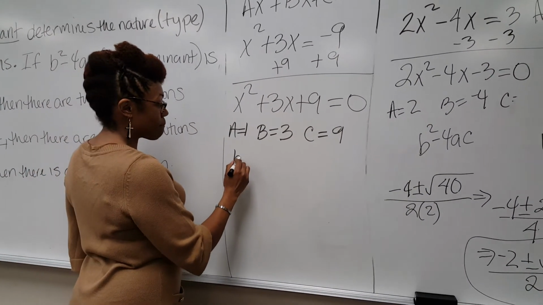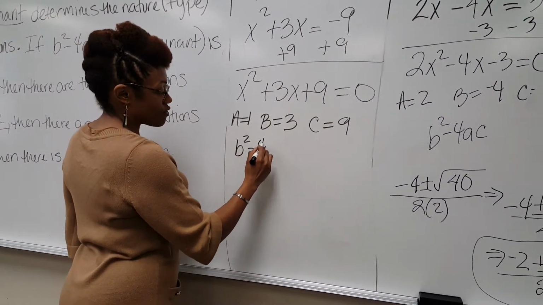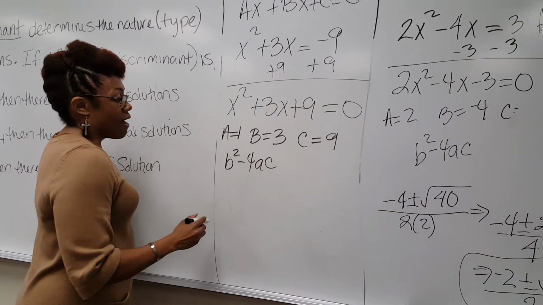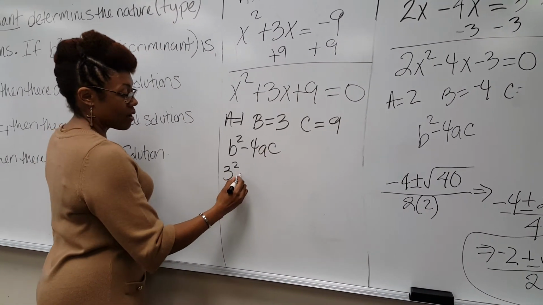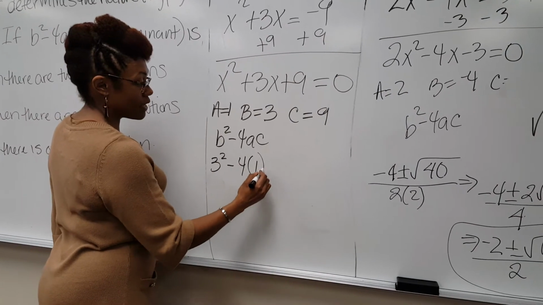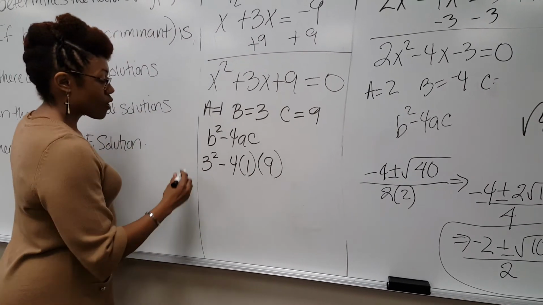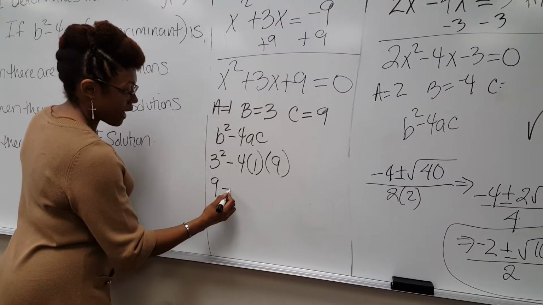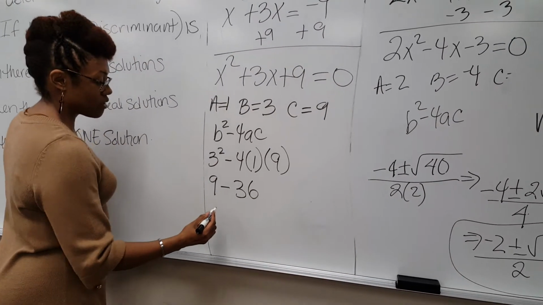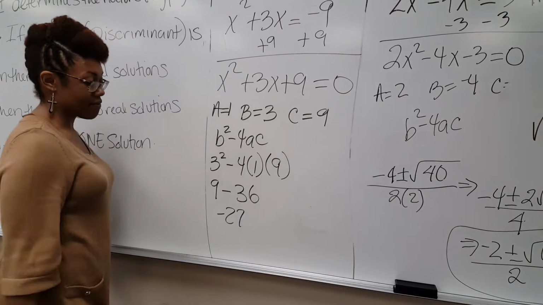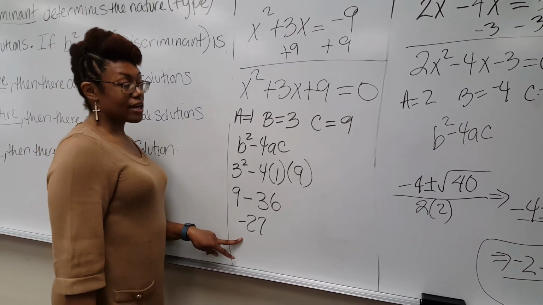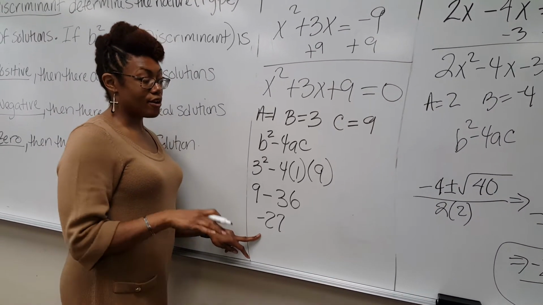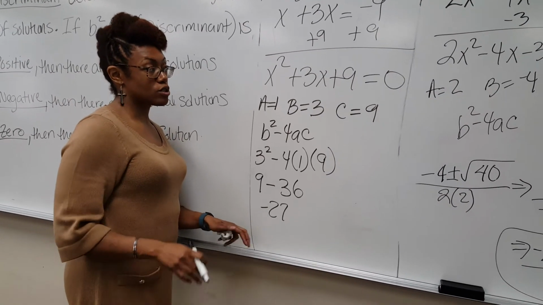So, finding my discriminant, b squared minus 4ac, I would have 3 squared minus 4 times 1 times 9. Well, 3 squared would give me 9, and 9 minus 36 would give me a negative 27. So now that I have a negative number as my discriminant, I know that I'll have no real solutions.